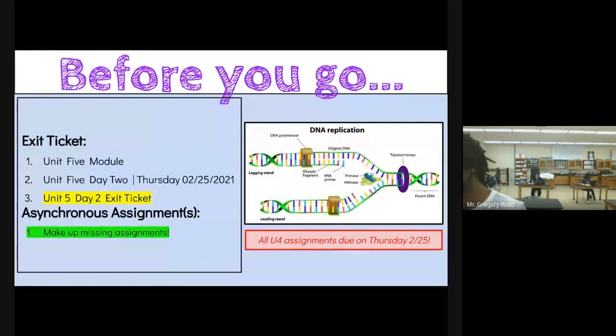Next one is a monomer of protein. It's already been 3 minutes.